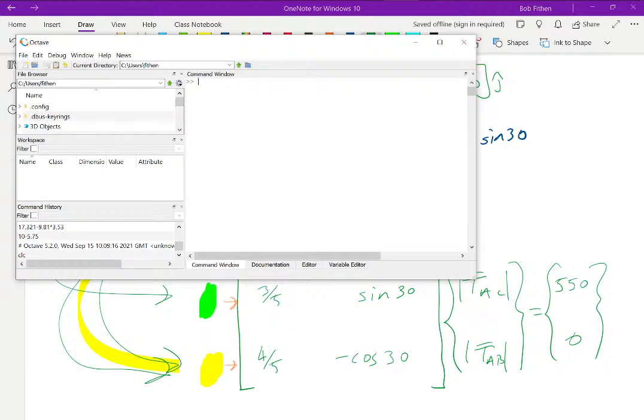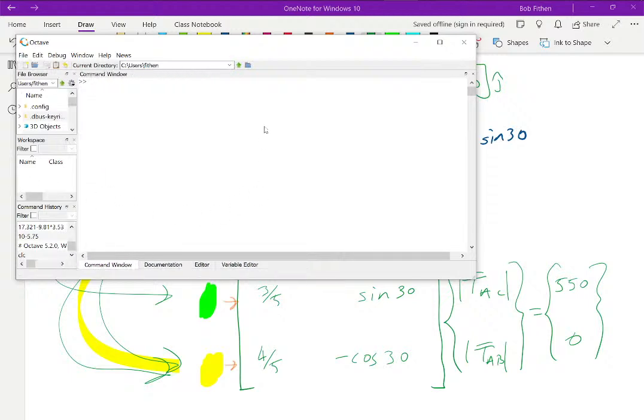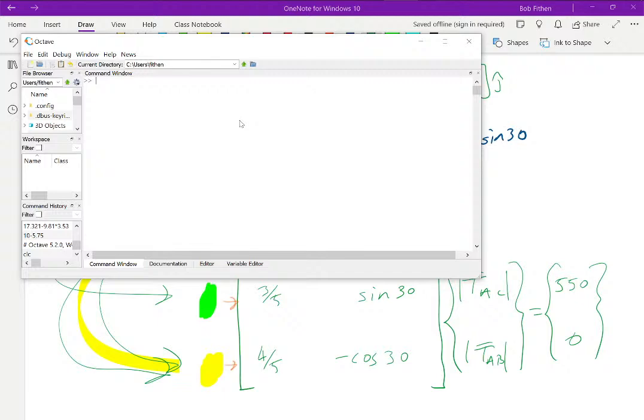So I stare at this. Hang on, let me move. I'll get as much of the screen as I can. I'll call the matrix on the left K. And what I'm going to do is 3/5, then sine degree of 30. Next row is going to be 4/5, minus cosine degree of 30.